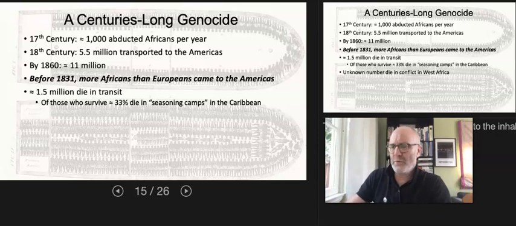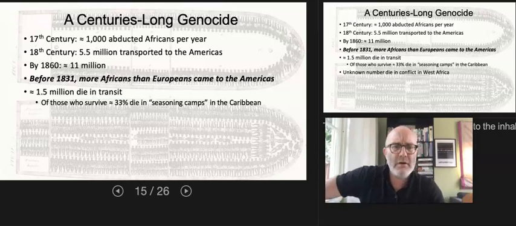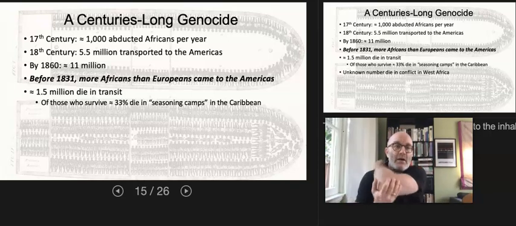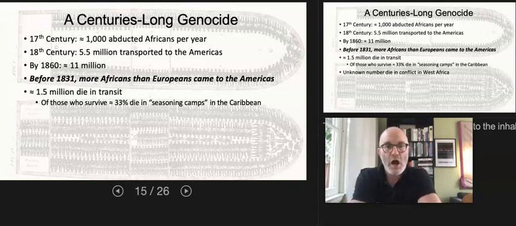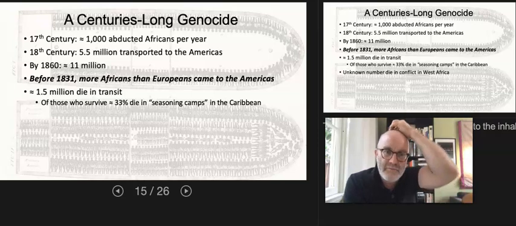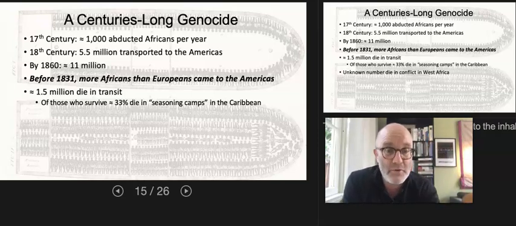As a note, when we're talking about the mainland colonies like South Carolina and Virginia, the enslaved laborers on the mainland are increasingly, as we get into the 19th century, native born. They're born in the Americas. If they are foreign to the mainland colonies, they're from the Caribbean. They're not directly from Africa, right?